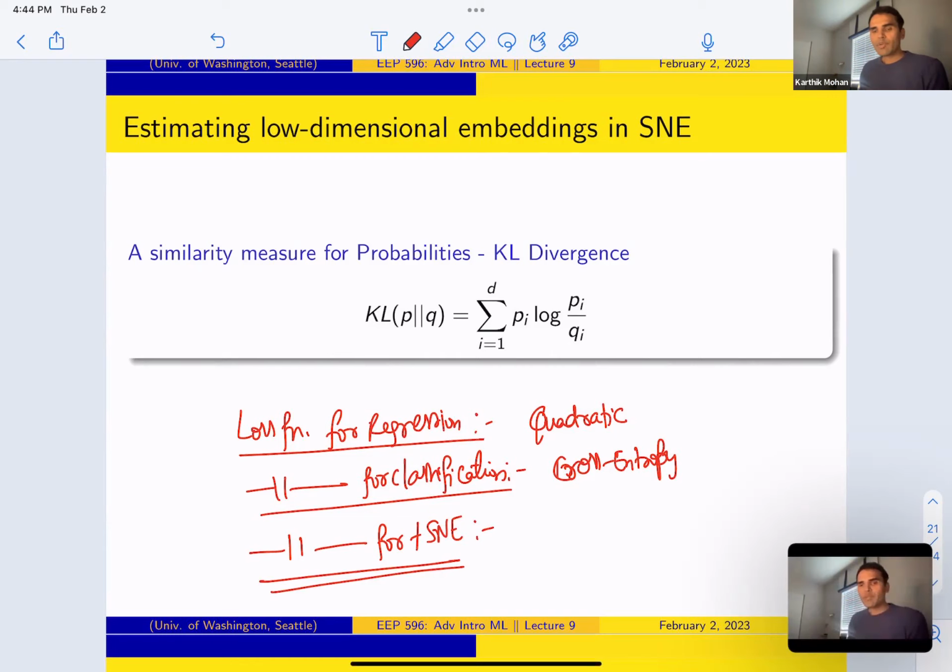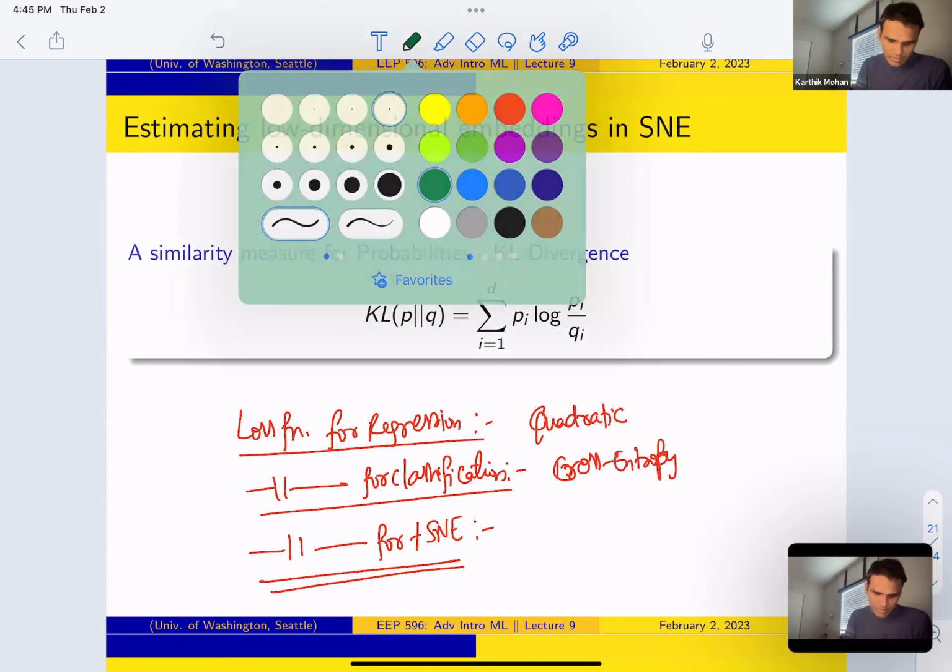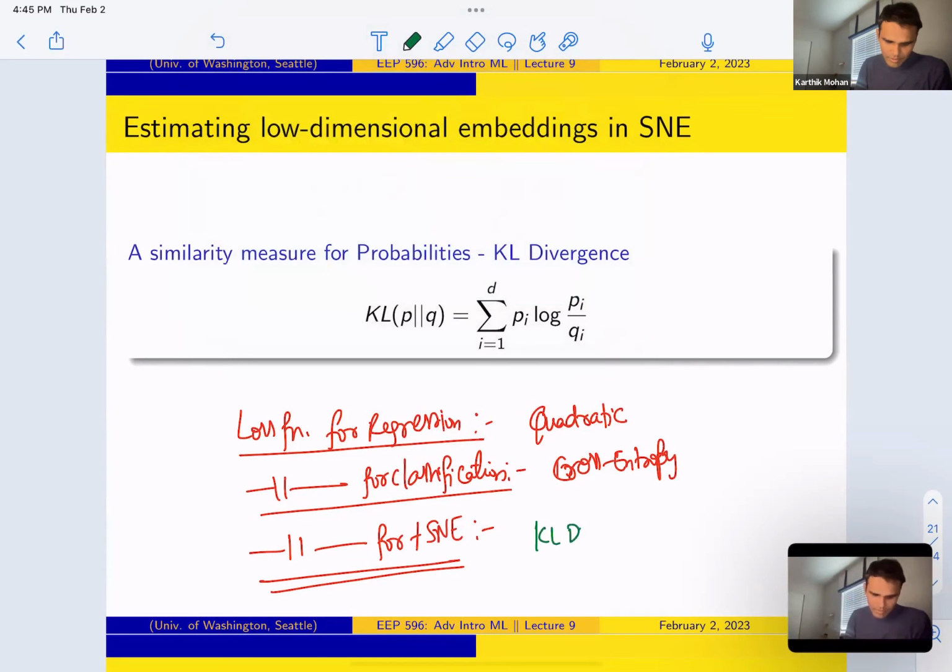If you remember, we're looking at a proxy probability distribution Q that matches or preserves the properties that you see in the P distribution, which is in the original data space. So whatever similarities and distances that you have between images, you want to preserve in the lower dimension, and you want to make sure that the P's and the Q's match up. So here, it's kind of close to this, and it's called KL divergence.